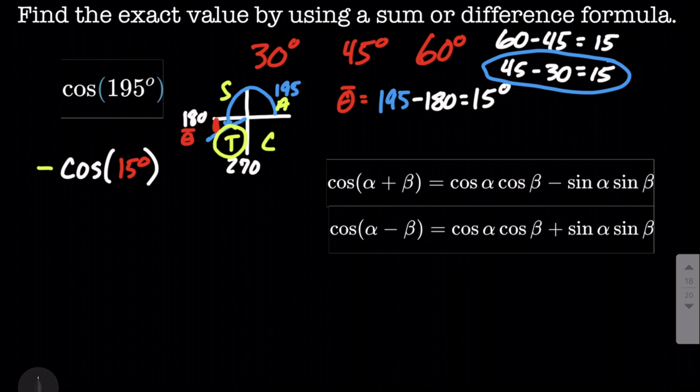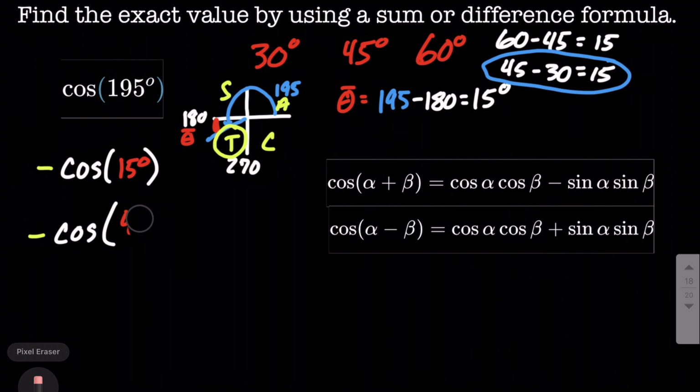So let's rewrite this. The negative comes along step by step. This will be cosine of, and I'm going to color code this as we go through. Let's use blue wherever we see 45. And then we're going to subtract. Let's use yellow for our 30.